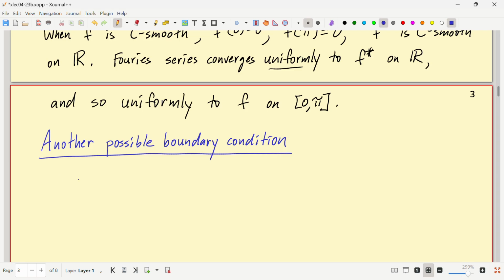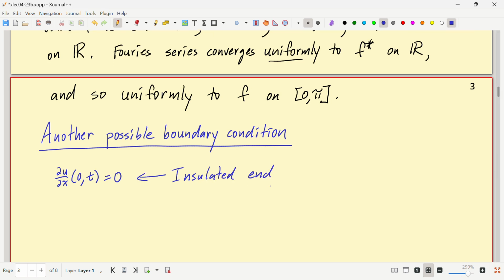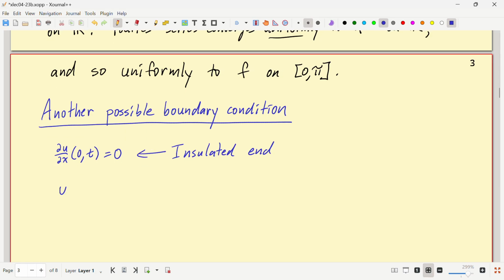Let's see, we had du/dx at 0, t equals 0. That's the insulated end. The u of 0 comma t is 0 for all t.